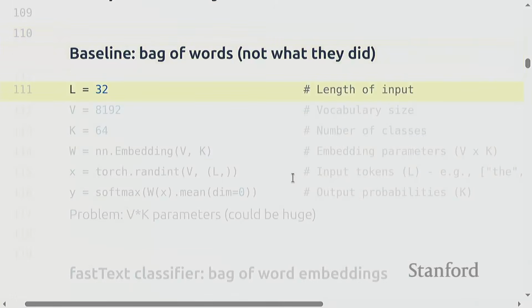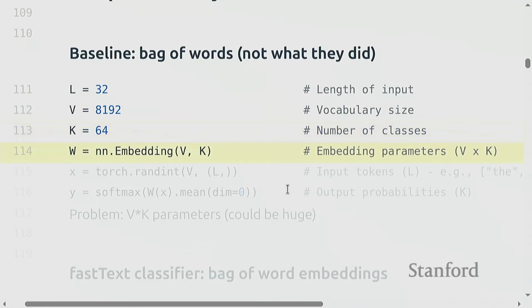The motivation was that if you're doing bag of words classification, you have a sentence of length L, your vocab size is V, and you want to classify into K classes, then immediately you have to define this V by K matrix, which if V and K are both large gets pretty big, and you get into sparsity issues.